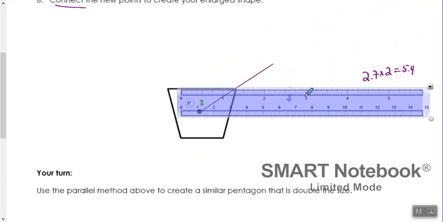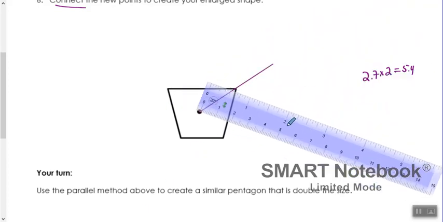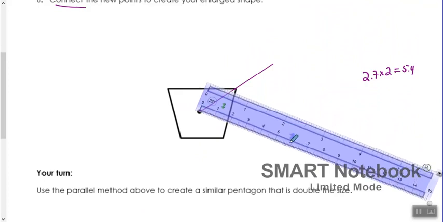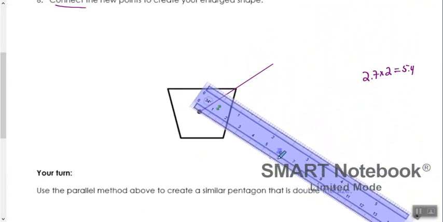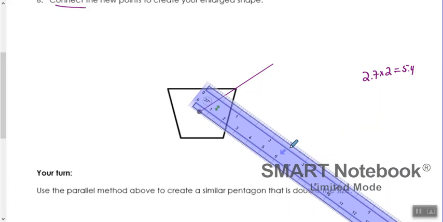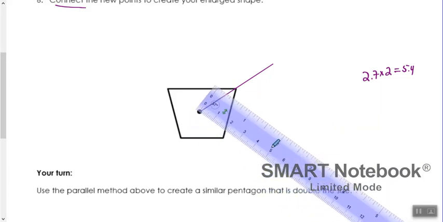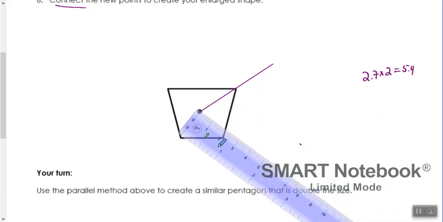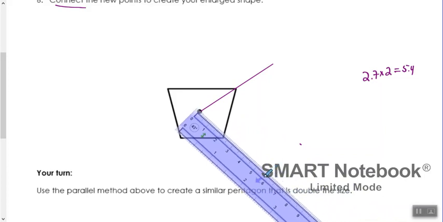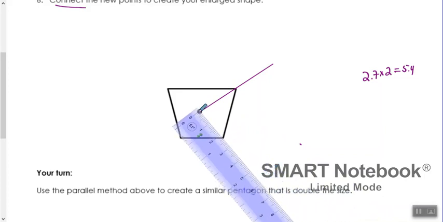Okay, next we're going to go to our next vertices. From 0, this one is about 2.3 to the 3.